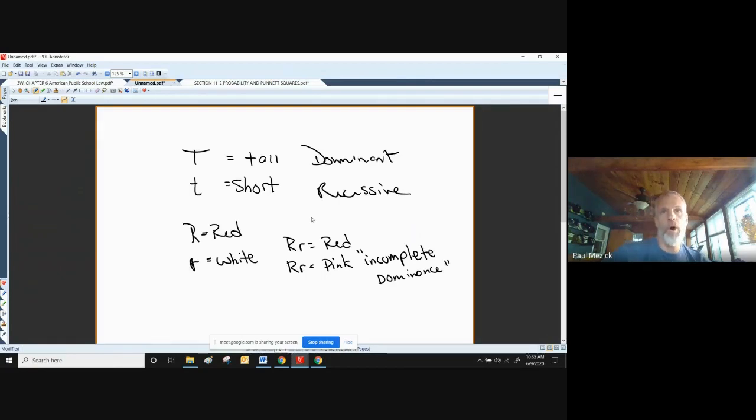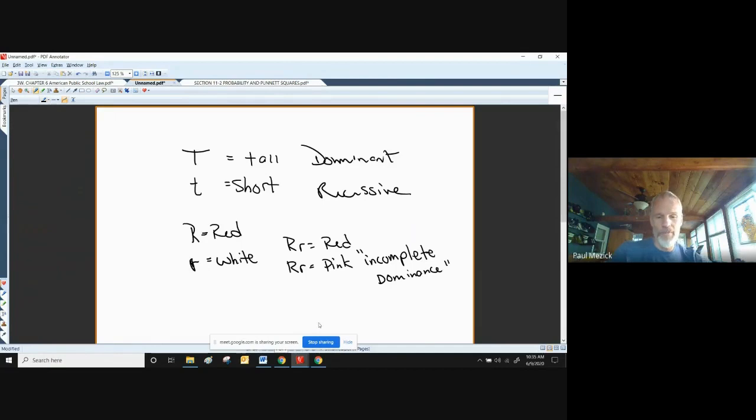And if one parent is capital R, and the other parent is little r, what would all their offspring be? Well, they would all be pink because they'd all be capital R, little r. But you would have to have been told that they express incomplete dominance. Make sense? Yes. Okay, there's one more.